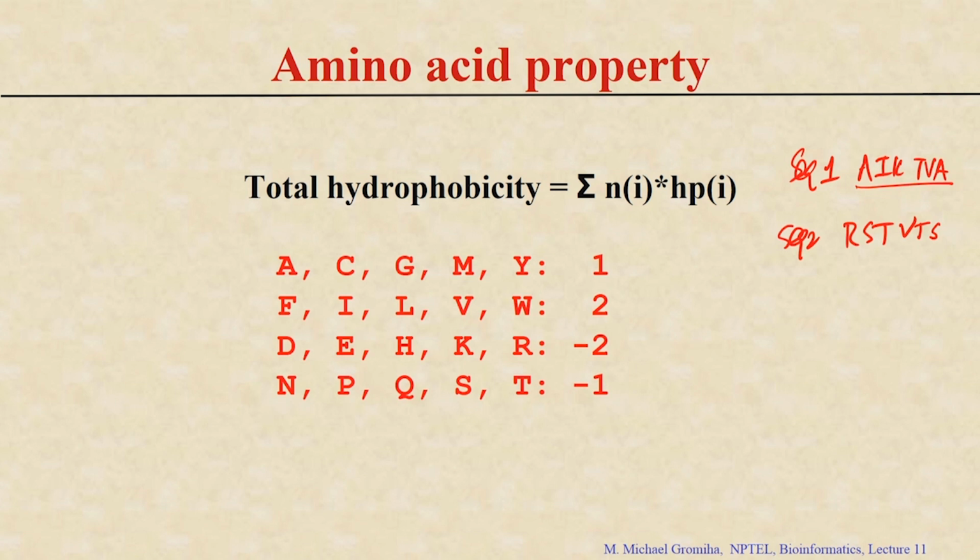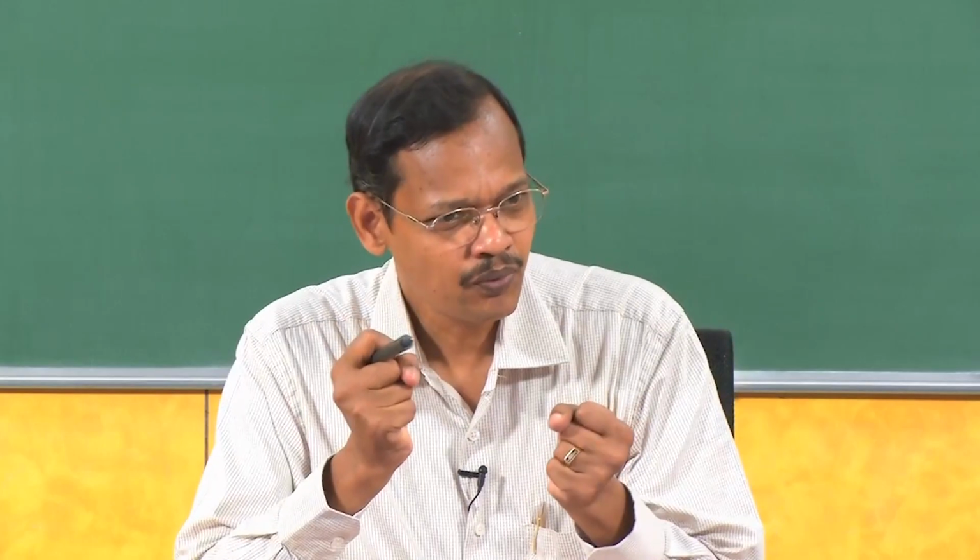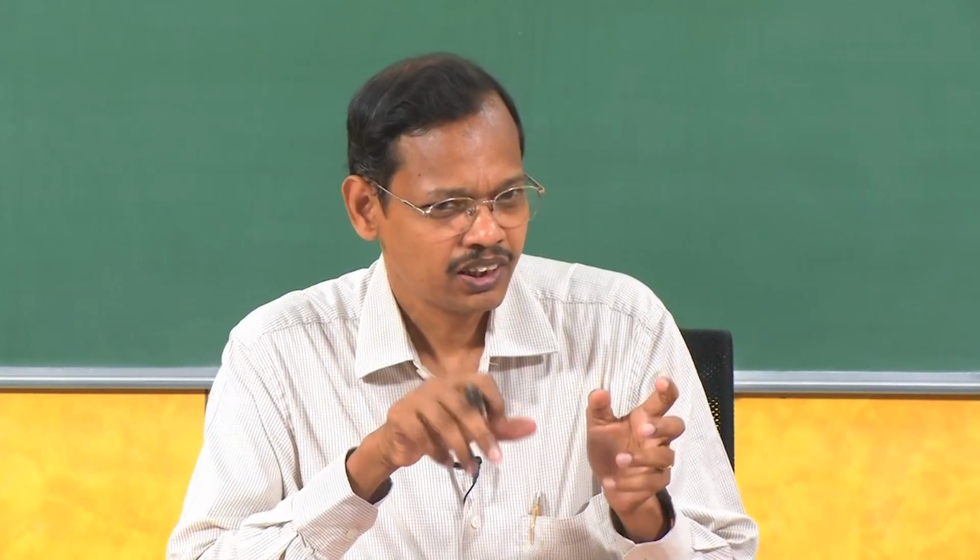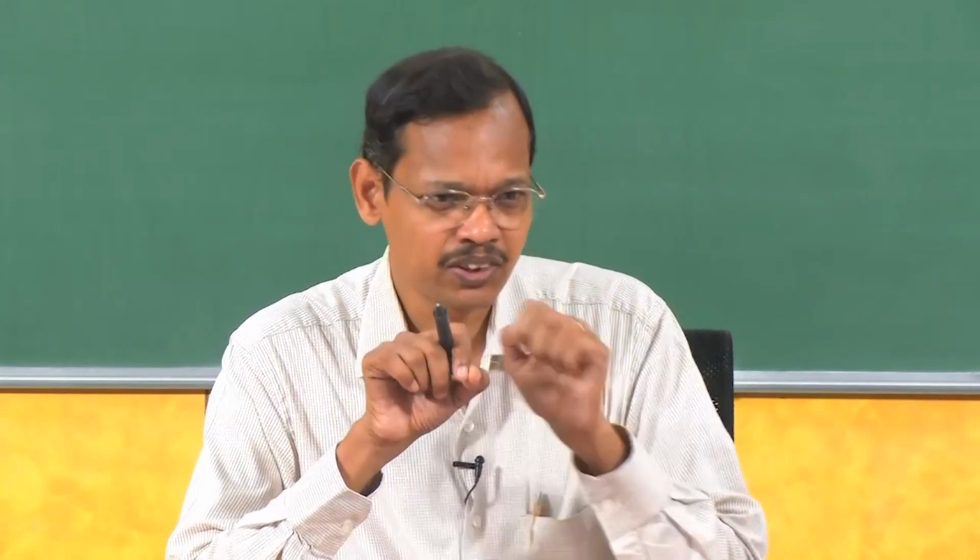Among the 20, polar residues have a high preference to form hydrogen bonds. Likewise, the 20 residues have 20 values. How flexible are the residues? Some residues are highly flexible, some residues are rigid. How many rotatable bonds can each residue have? Likewise, there are various properties for each amino acid residue.